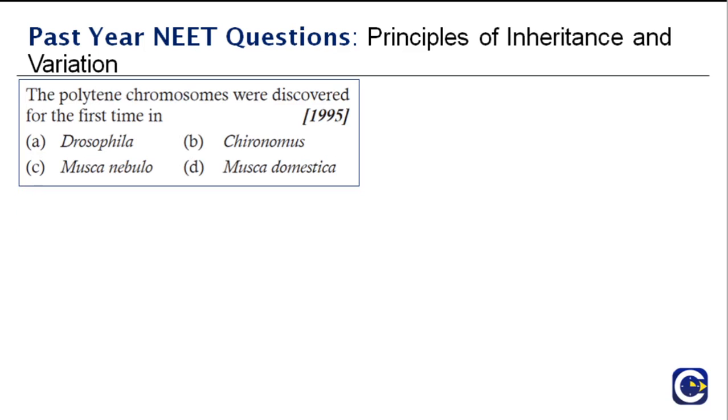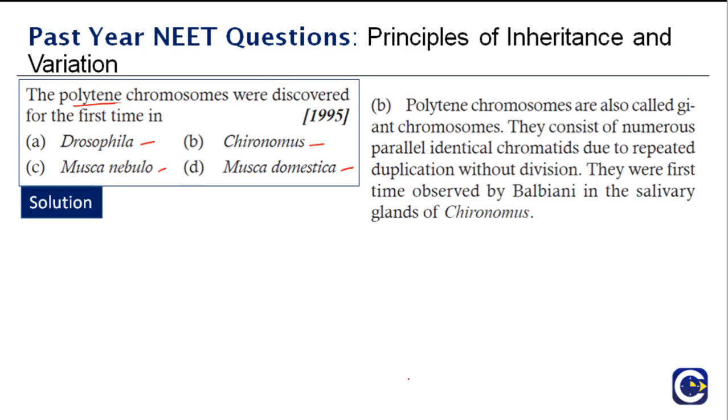The polytene chromosome were discovered for the first time in Drosophila, Chironomus, Musca nebula, Musca domestica. So what is the correct answer? It is a very subjective question. So polytene chromosomes are also called as gigantic chromosomes. Okay, polytene chromosomes are also called as gigantic chromosomes.